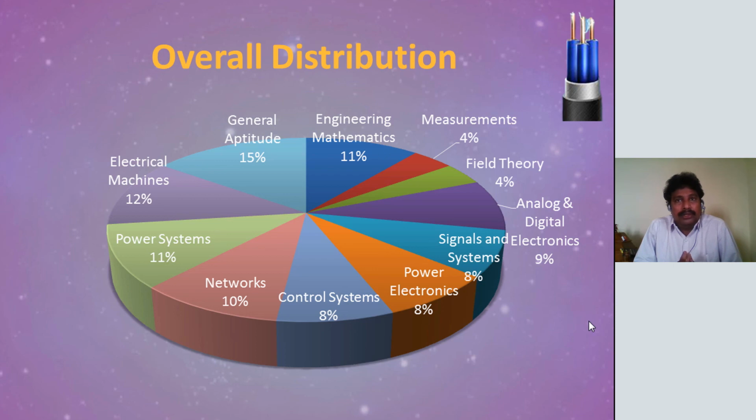That means out of these 100 marks, these 5 subjects, signals and systems, power electronics, control systems, networks and power systems, will have a weightage of 45%. Apart from that, as electrical engineers, they are passionate towards electrical machines, so within the process the student can concentrate on electrical machines.